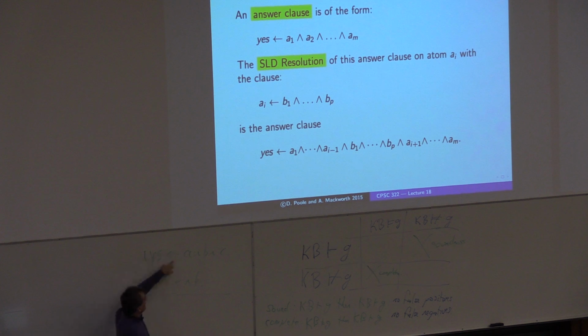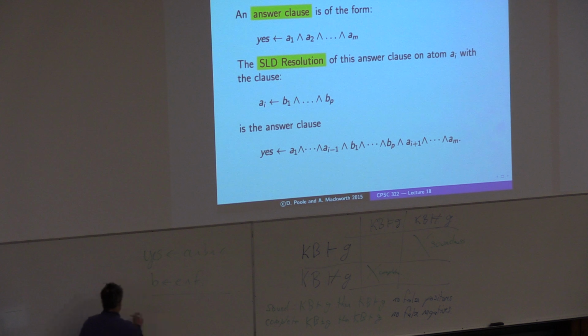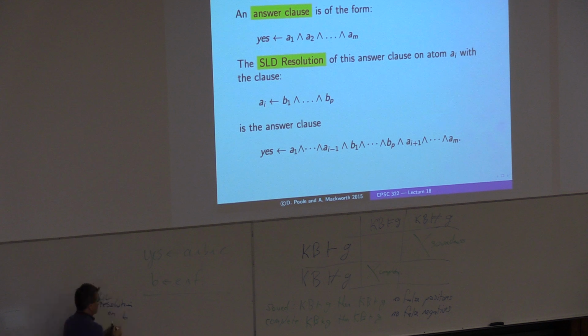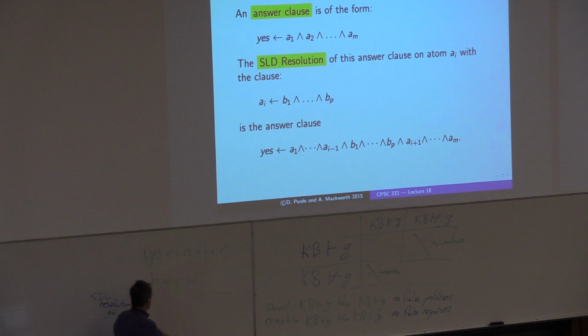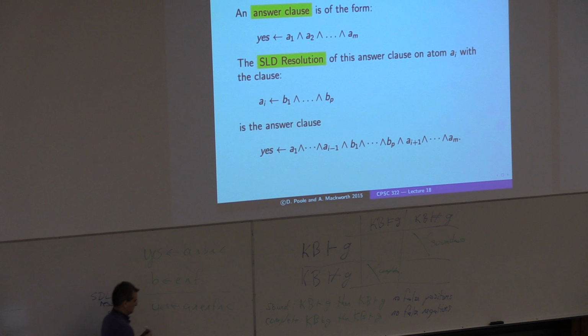We're going to do the SLD resolution on B. All we're going to do is replace B here with E and F. So we get yes if A and E and F and C. Does that make sense? All we're doing is just replacing this element with the body.